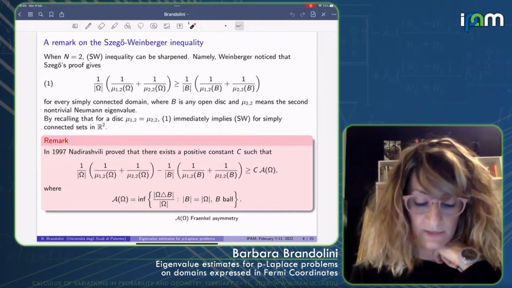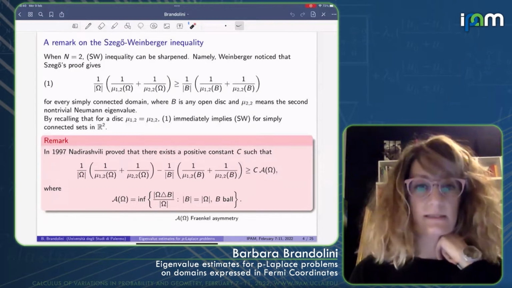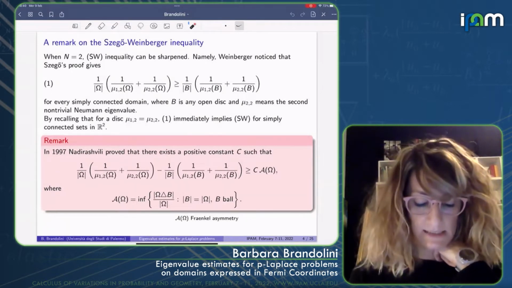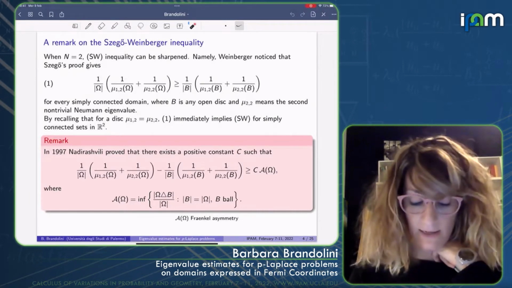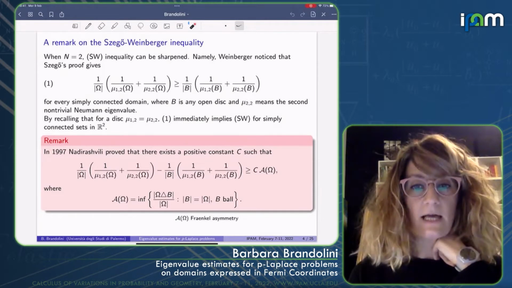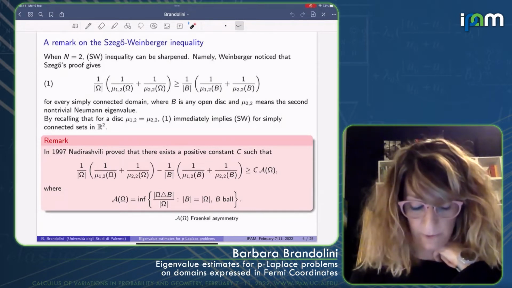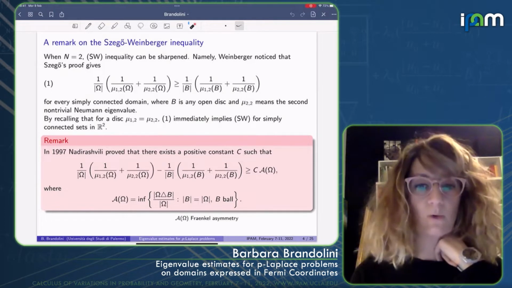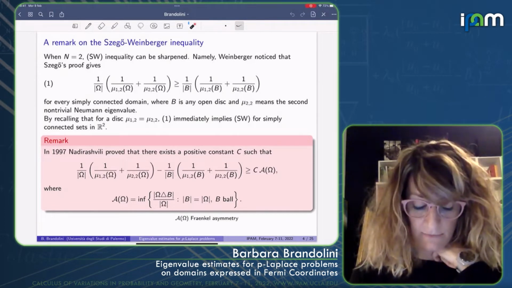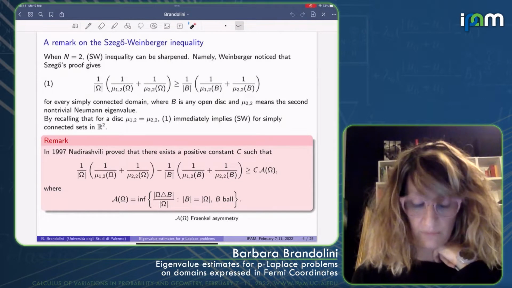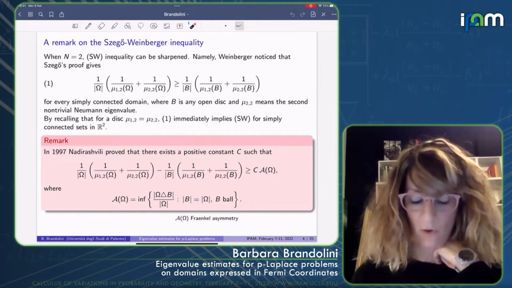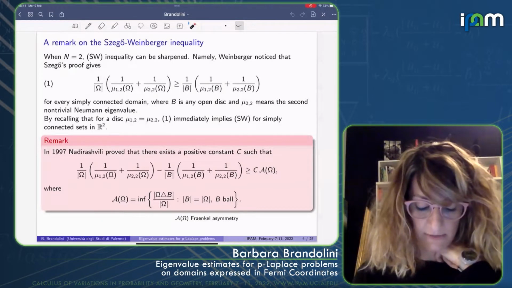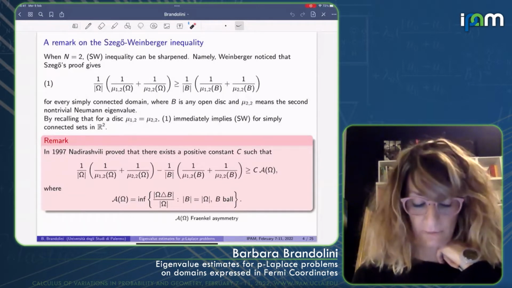Nadirashvili proved that there exists a positive constant C such that the difference of the two terms on the right and the left-hand side of (1) is greater or equal than C times this quantity A of omega, which is defined in the slide and is called the Fraenkel asymmetry. It is the infimum of the ratio of the measure of the symmetric difference of omega and B over the measure of omega, where B is a ball having the same measure as omega. Somehow the Fraenkel asymmetry measures how far omega is from being a ball.